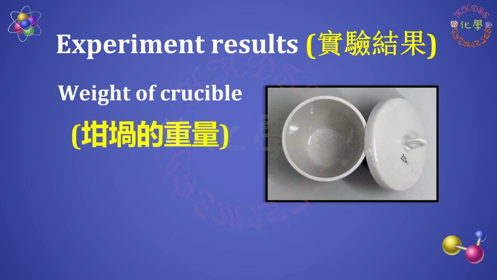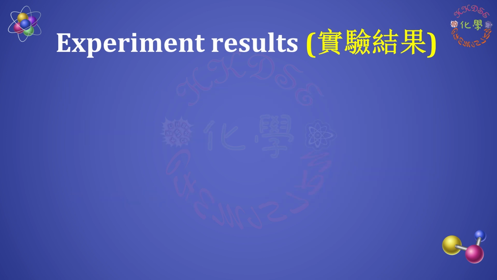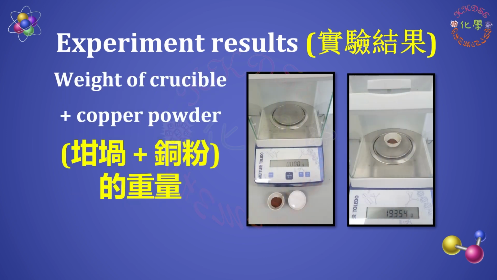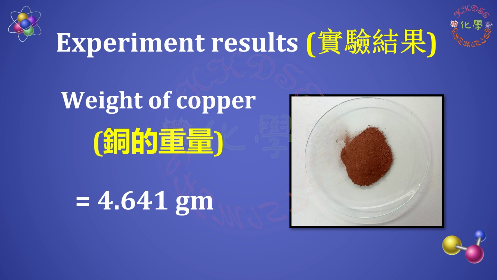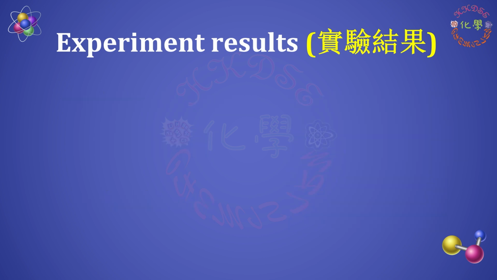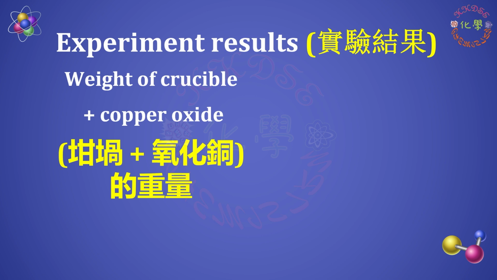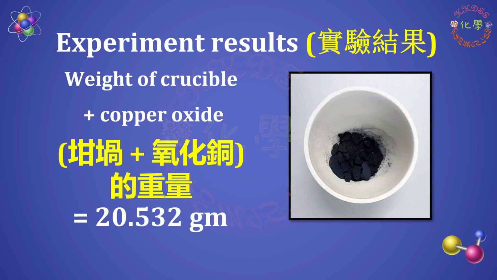Mass of crucible is equal to 14.713 gram. Mass of crucible plus copper powder is equal to 19.354 gram. Mass of copper is equal to 4.641 gram. Mass of crucible plus copper oxide is equal to 20.532 gram.